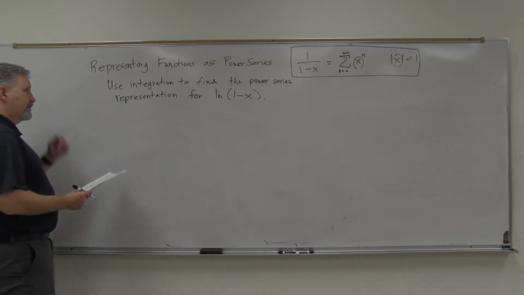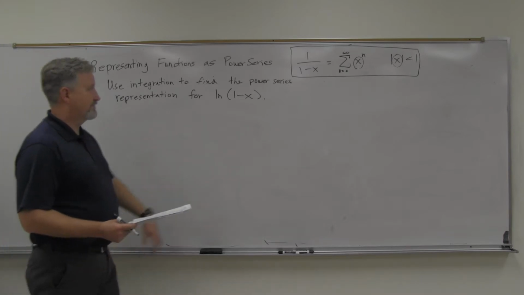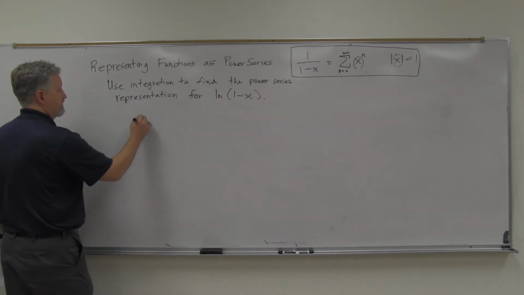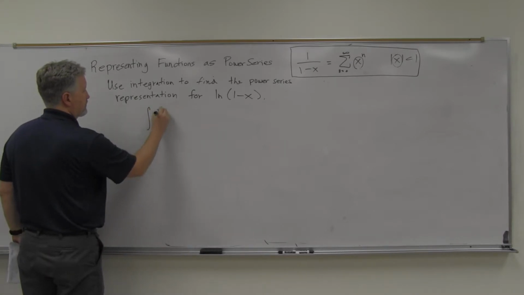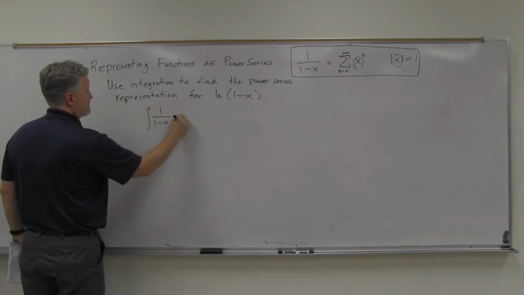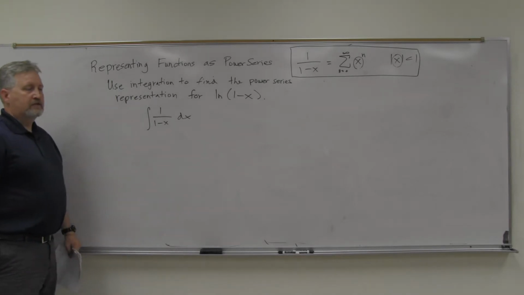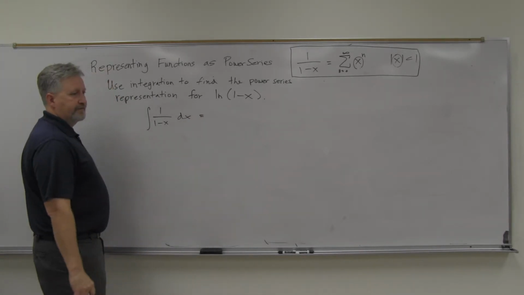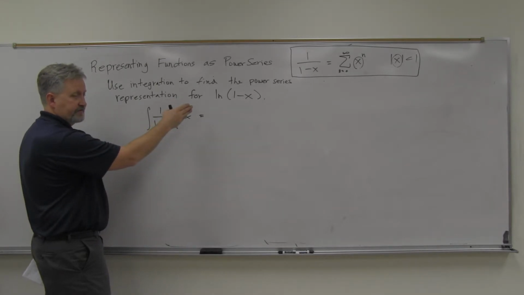Okay, so here's what we have to note here. If I integrate 1 over 1 minus x dx, what that gives me is real close to what I want to get here.